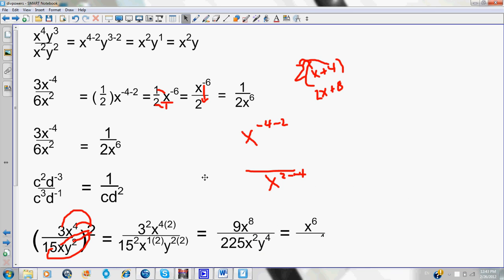So that gives us, sorry I hit that ahead of time, but 9 and 225 are both divisible by what? The first thing you always check is the larger number divisible by the smaller number. Does 9 go into 225? Remember our divisibility rules? 5 and 2 make 7, and 2 makes 9.